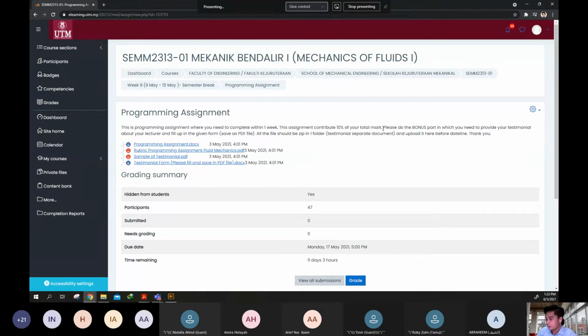In order to enhance your mark, I put in a bonus part in which you provide your testimonial of the lecturer and fill it in the given form. This is just a bonus. All the files should be zipped in one folder. The testimonial form should be a separate document, uploaded here before the deadline.